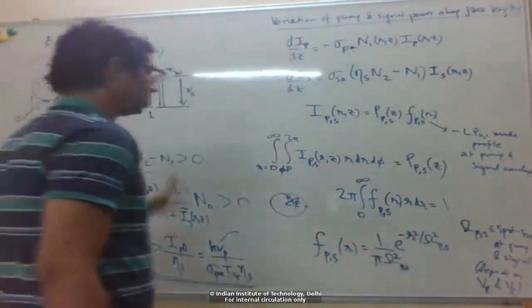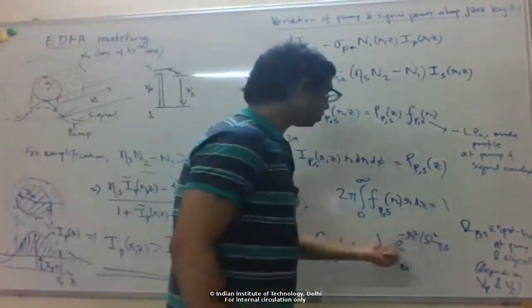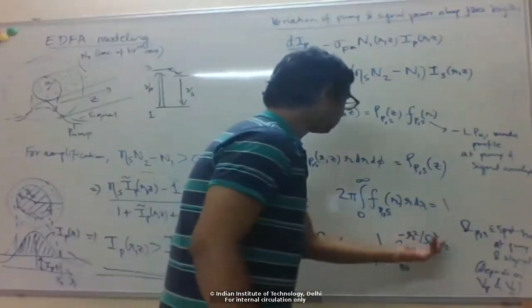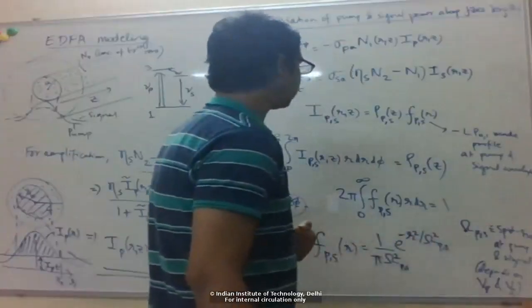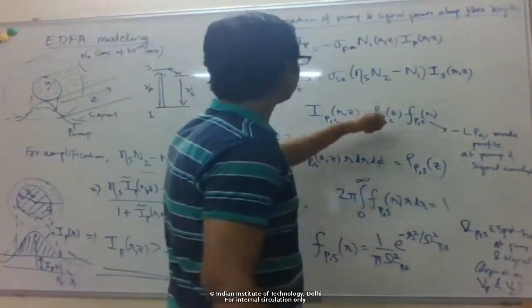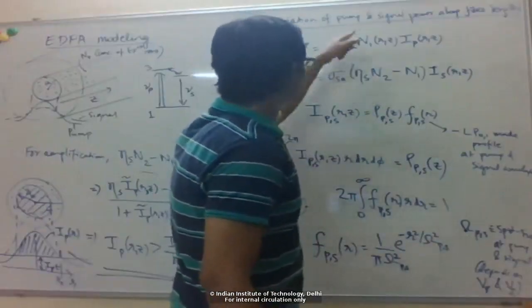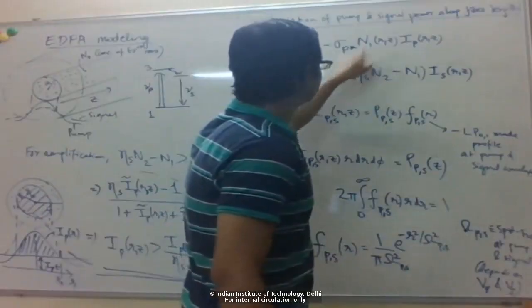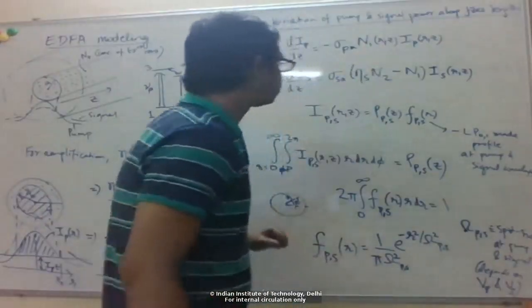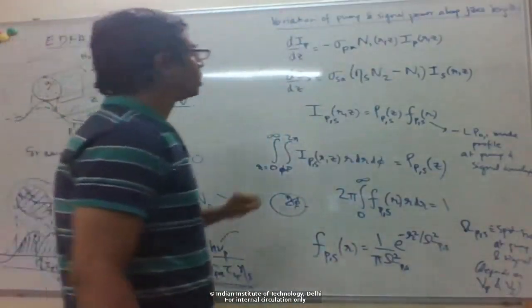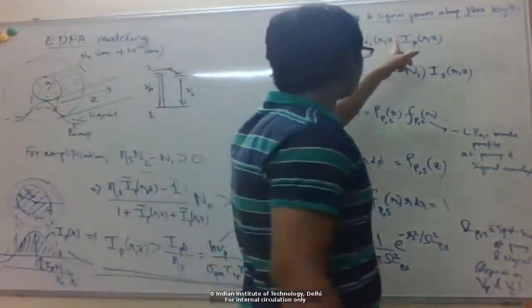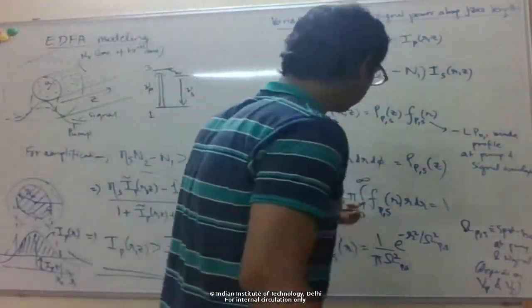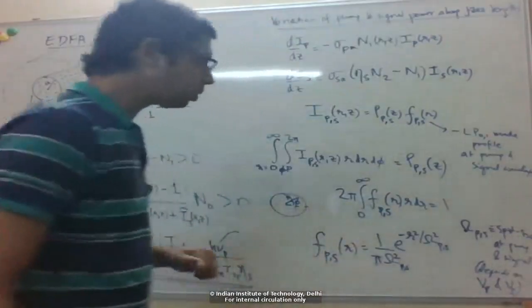So you can solve these equations under the Gaussian approximation. Take this as e to the minus r squared by capital omega squared, plug this in, and replace N1 and N2 also in terms of I_P and I_S. Then we get equations which depend on both r and z, because there is r dependence here also.